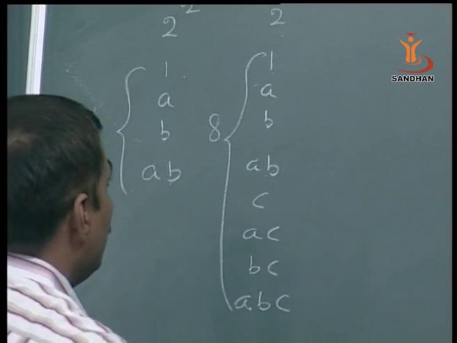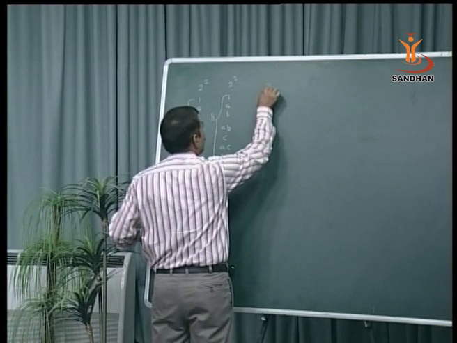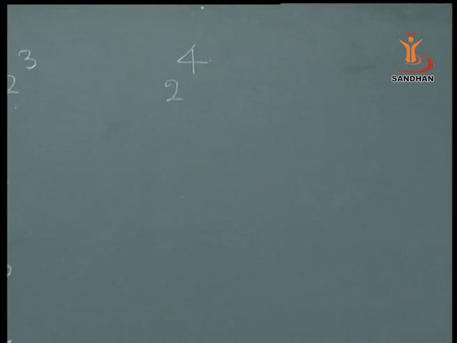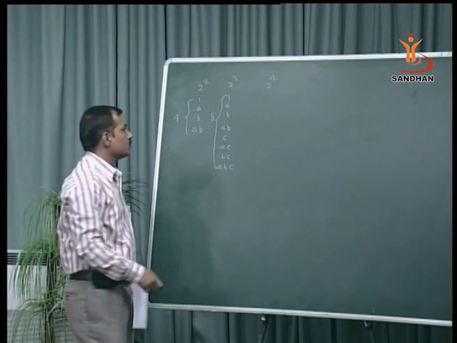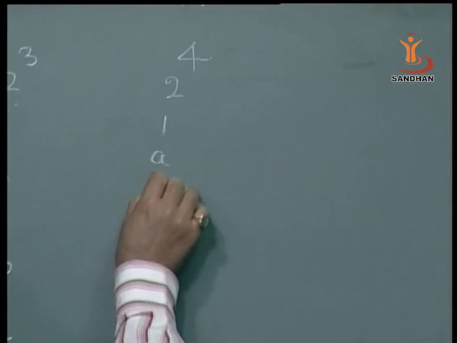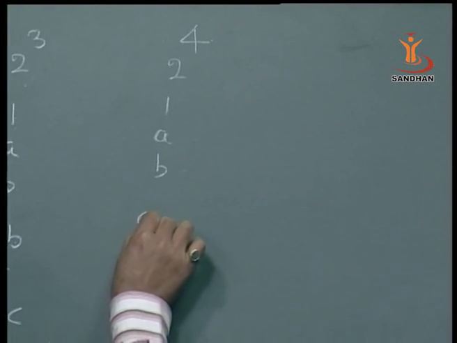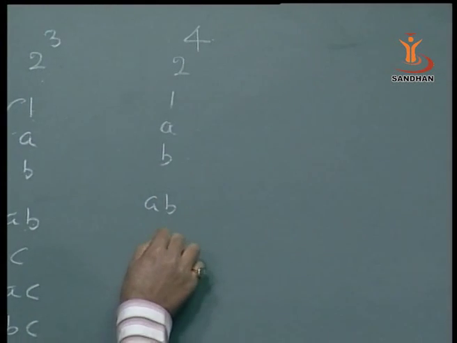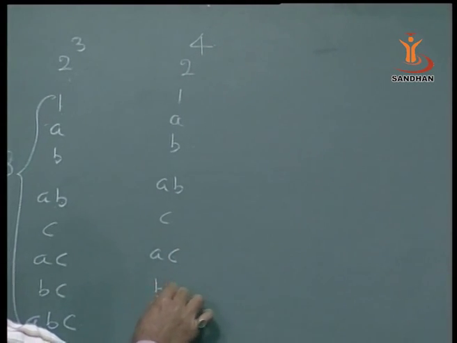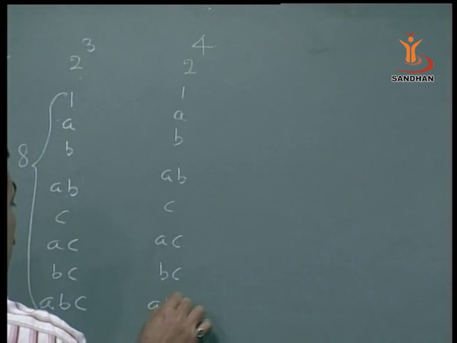Now if we consider 2 raised to power 4 also, we can go for 4 factors each at 2 levels. So start from 1, A, B, then AB, then C, then AC, then BC, then ABC.